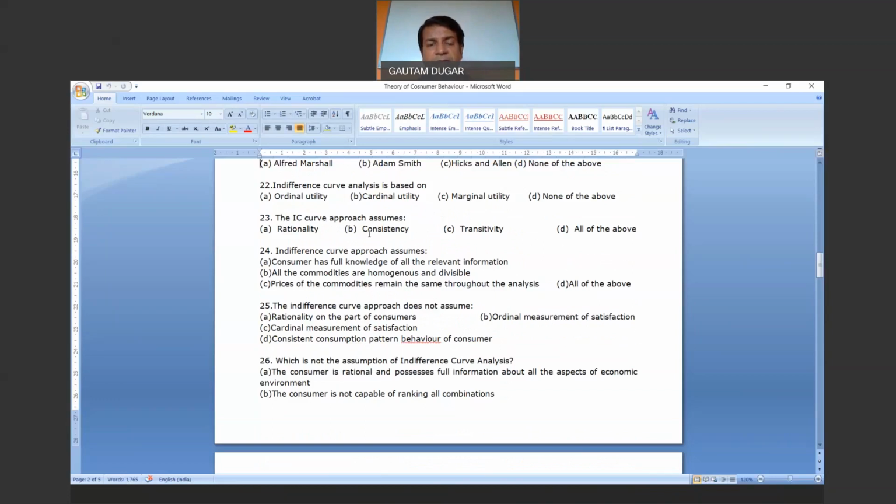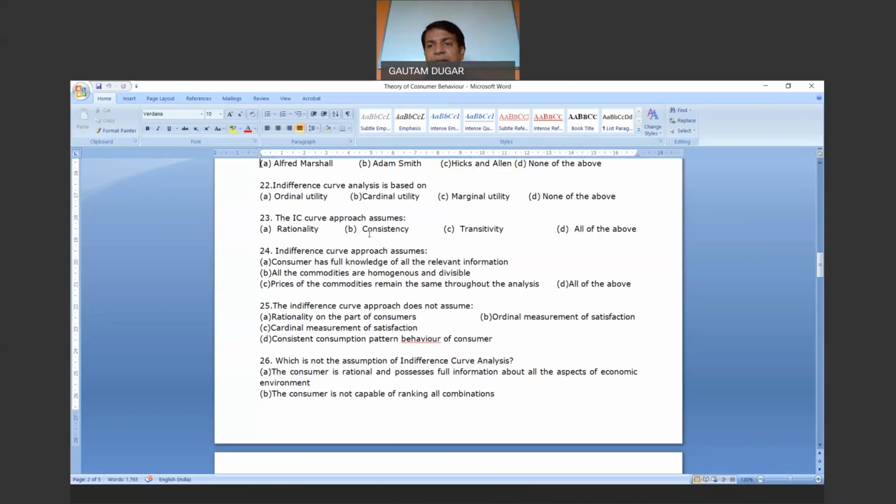So indifference curve analysis based on the ordinal utility. So 22 is A. 23. The indifference curve approach assumes the consumer is rational, his choices are consistent, and there is transitivity of choice, all of the above.